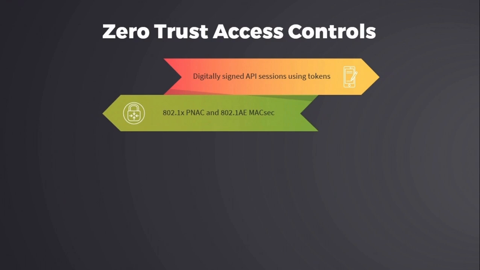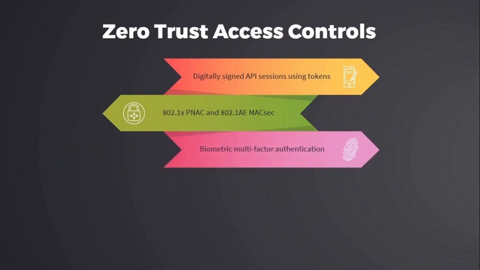802.1X port-based network access control at layer 2 and layer 3, and 802.1AE MACsec. .1X will contribute to your network admission control initiative and zero trust, and .1AE is going to provide encryption, origin authentication, and integrity at the frame level.